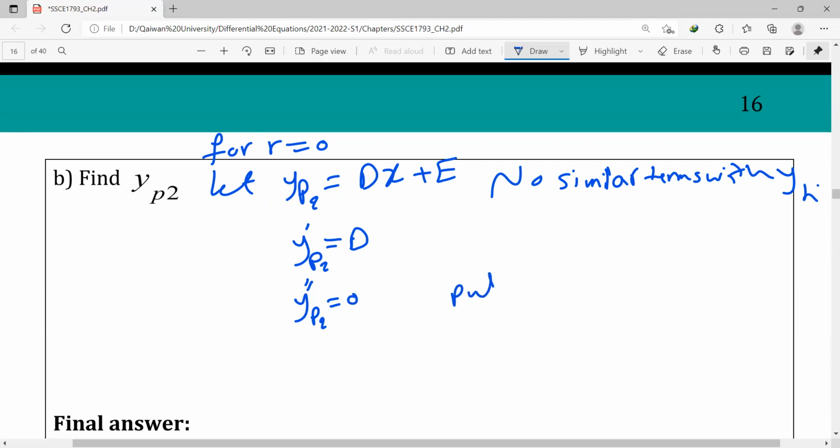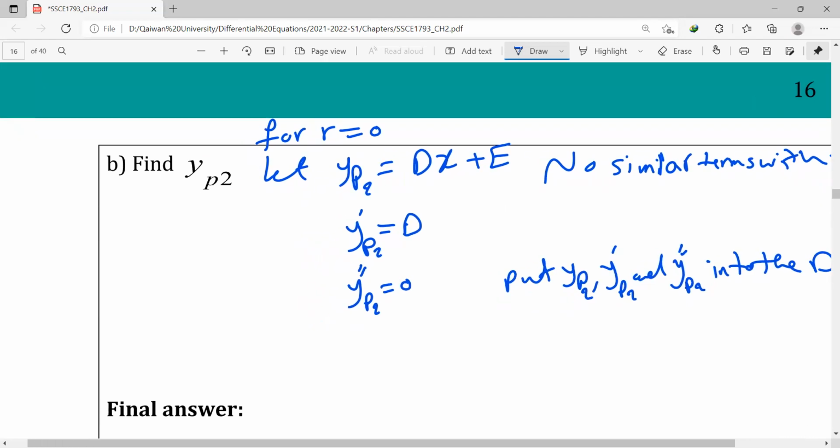Then put yp2, y prime p2, and y double prime p2 into the differential equation. So what's the differential equation? The differential equation is y double prime minus y prime minus 2y equals x.